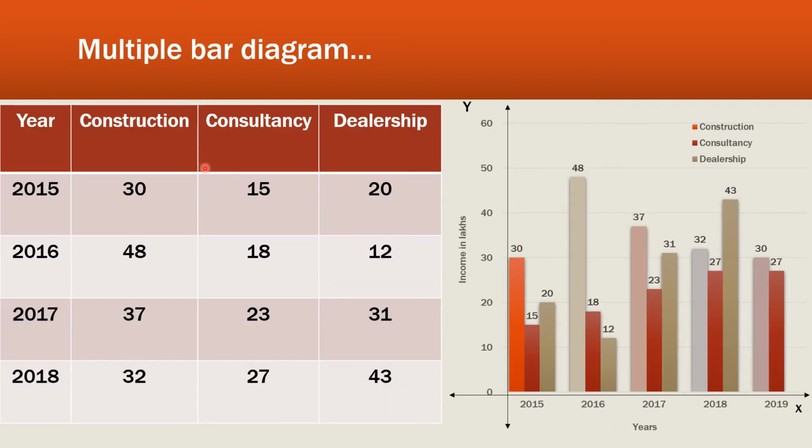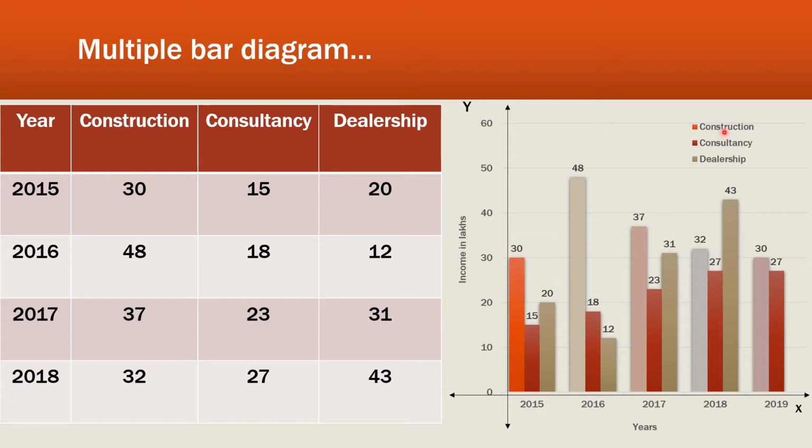Here we have taken a table which shows the income in lakhs of 3 departments of a particular firm for various years, beginning from 2015 right up to 2018. And so we have 3 departments, one for construction, one for consultancy, and the other for dealership. So we show the 3 in various color codes, or you could use different patterns or shades.